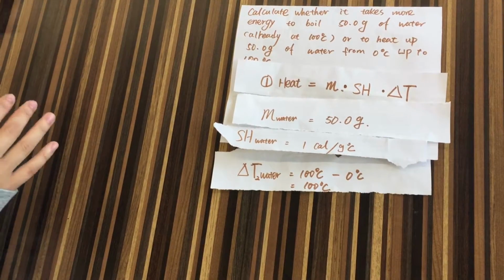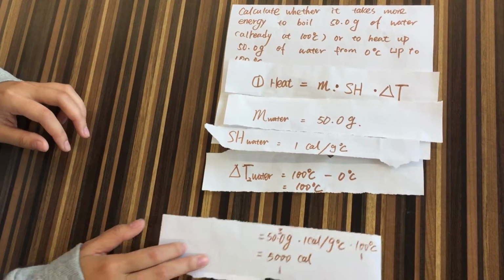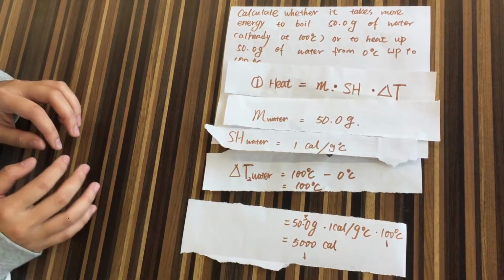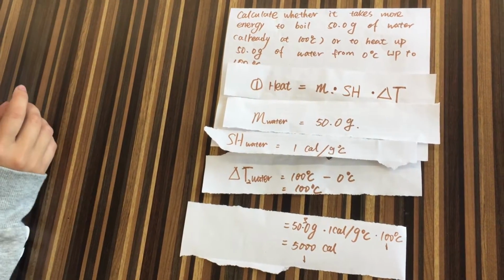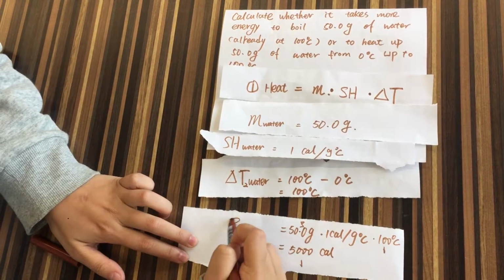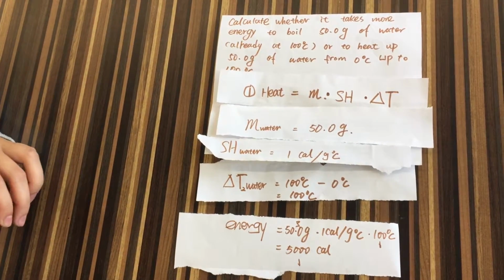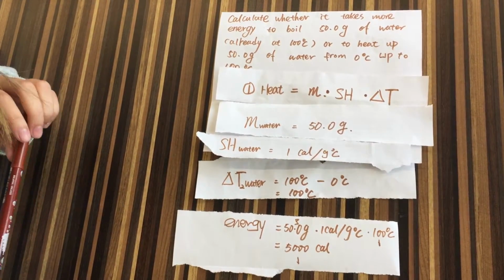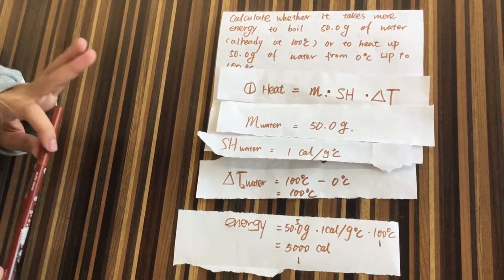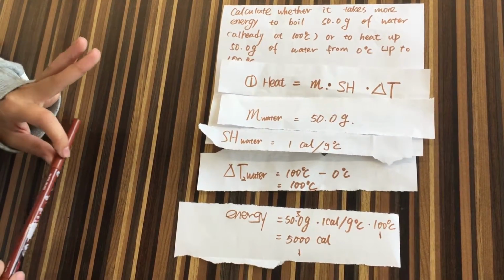For this equation, we calculate it, and the answer should be the heat, the energy. The energy should be equal to 50.0 grams multiplied by 1 cal per gram per degree, multiplied by 100 degrees.